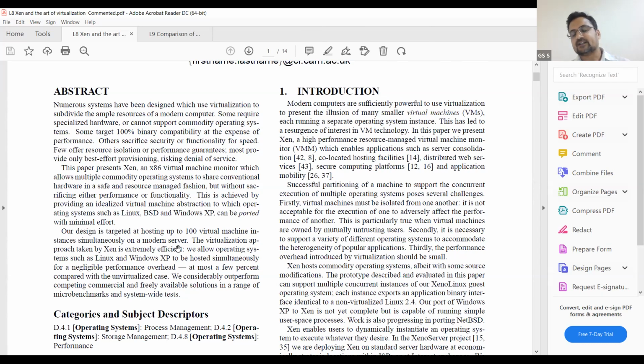Today, Xen can run 480 virtual machines on a single physical server. This is the amount of work they have done. In a cloud server, on a single physical server, we can run 480 virtual machines in a single go. So you see the kind of scheduling we require, the kind of resource allocation, VM placement, and all the other algorithms we require, right? What is the beauty of Xen?